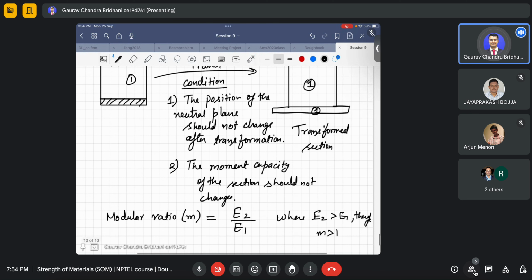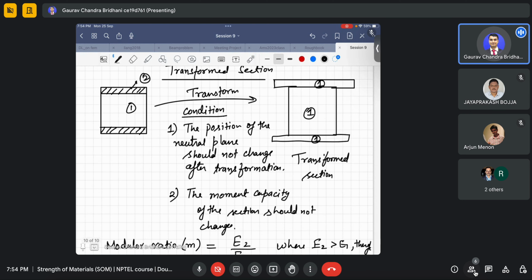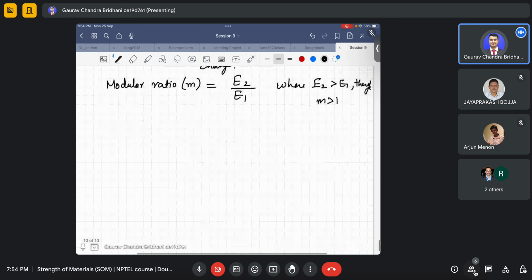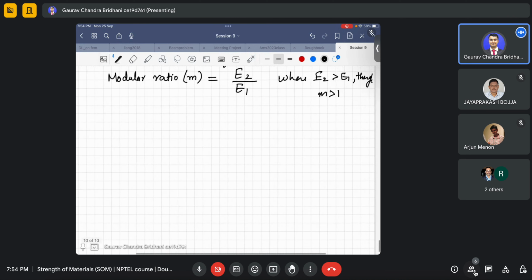So, first we define this modular ratio. Now, wherever the different material, this E2 material, is there, we find an equivalent, because this material has been kept at a particular level from the neutral plane. I will give you a way to understand.